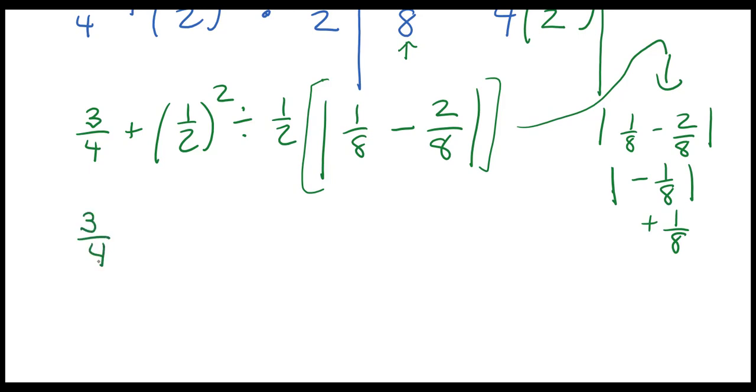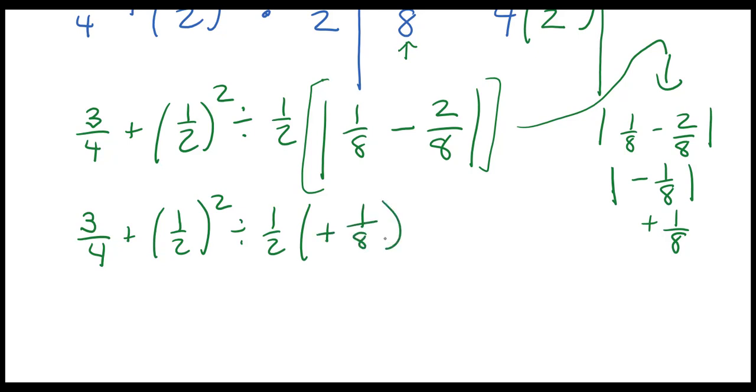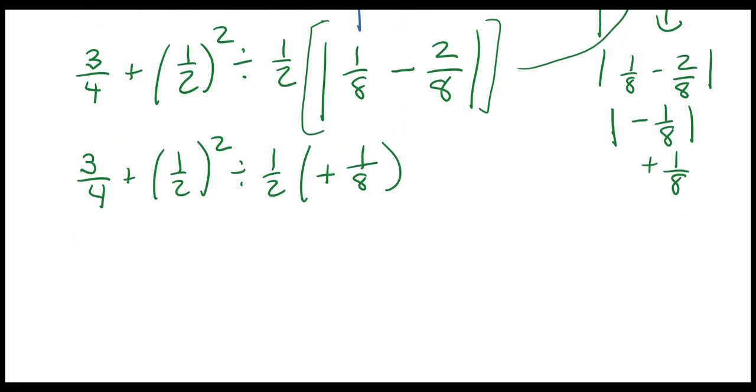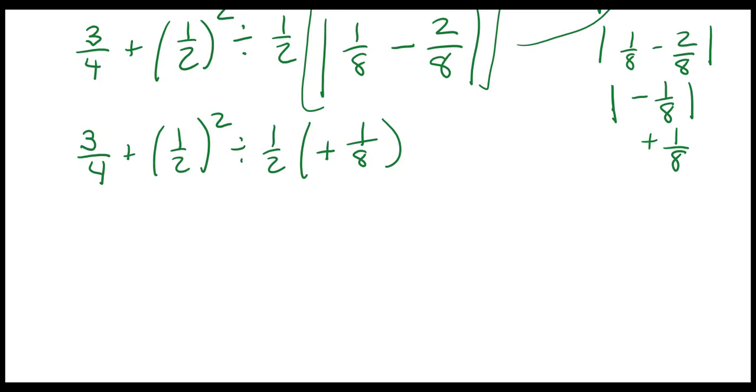So we dealt with everything inside the parentheses, so now when we rewrite this, we can go positive 1/8, because we've gotten rid of the absolute value because we made whatever it was inside positive. So now we're going to deal with the exponents. That would be our next step. So let's go ahead and do that.